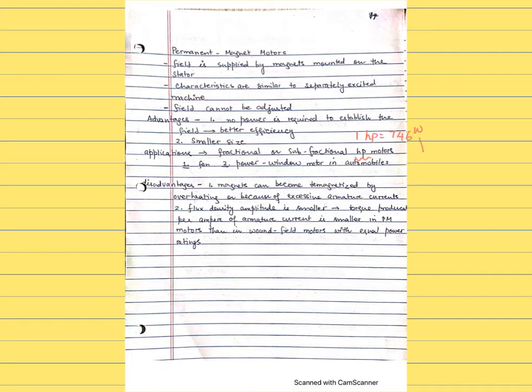Because machines usually come with large numbers in watts, it is expressed in horsepower. Fractional or sub-fractional means 1/4, 1/8 of an HP, not like 20 HP. So permanent magnet machines are used in small machines, like fans or the power windows of automobiles.